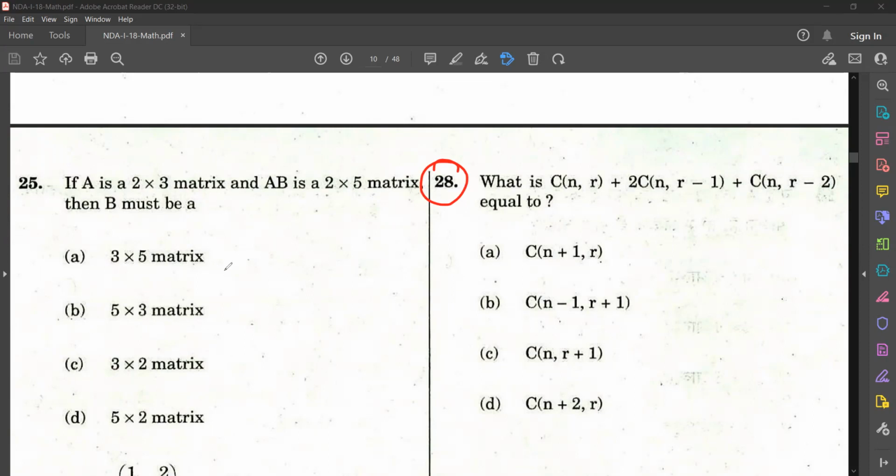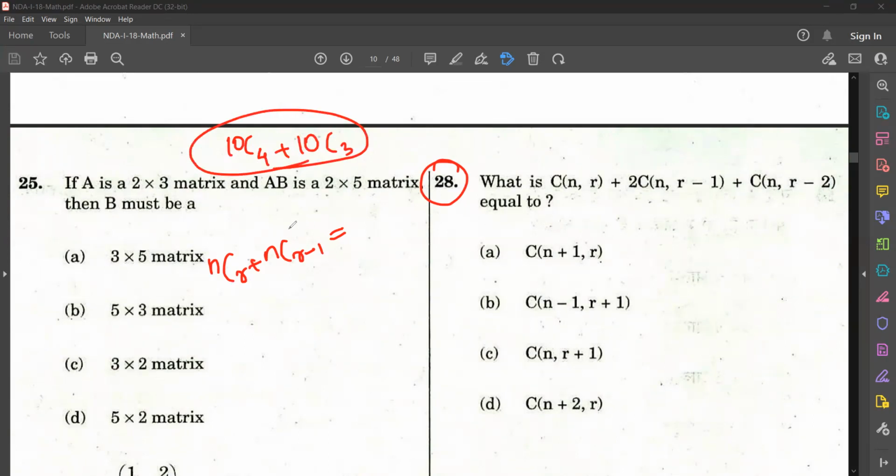See, what is NCR plus NCR minus 1 equal to? Just like, for example, if I'm writing 10C4 plus 10C3, what is that? NCR plus NCR minus 1, that is actually N plus 1 CR.